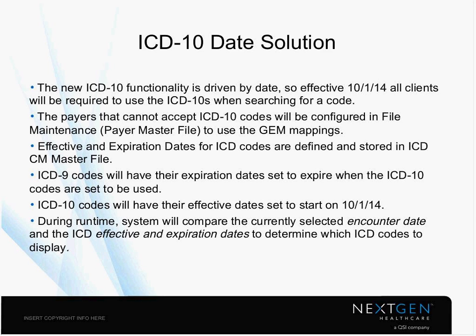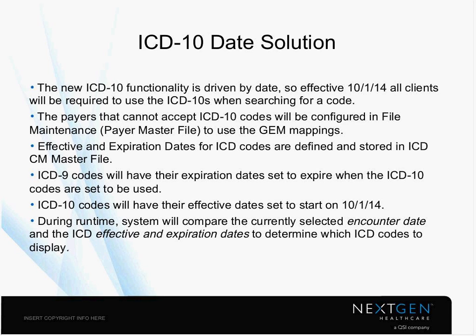So essentially the effective date and the expiration date within the actual ICD-CM master file is going to drive what is going to show in the search engine. So if those dates are showing for testing capabilities, you'll be able to see the information based upon the effective and expiration date. If it makes sense right now, I will show you in the actual application, and hopefully at the completion of that, it'll make a little bit more sense.